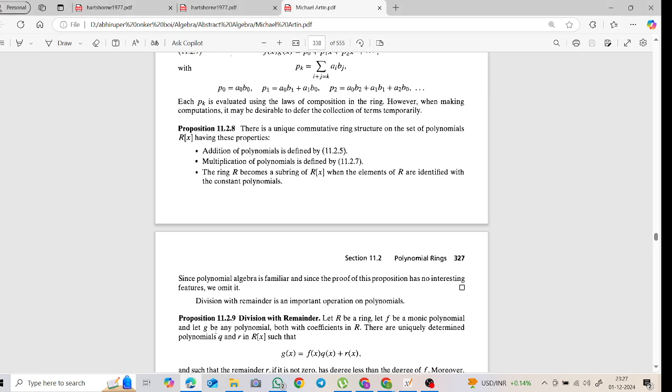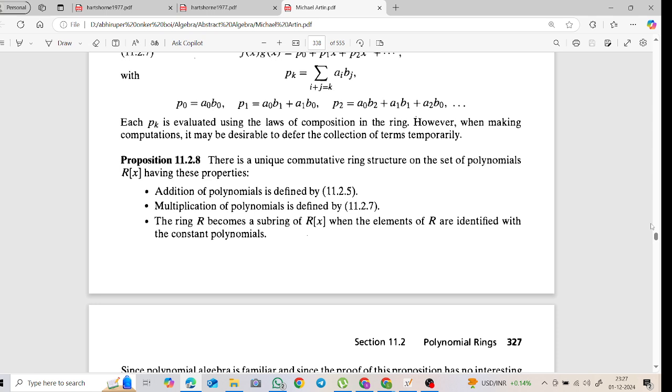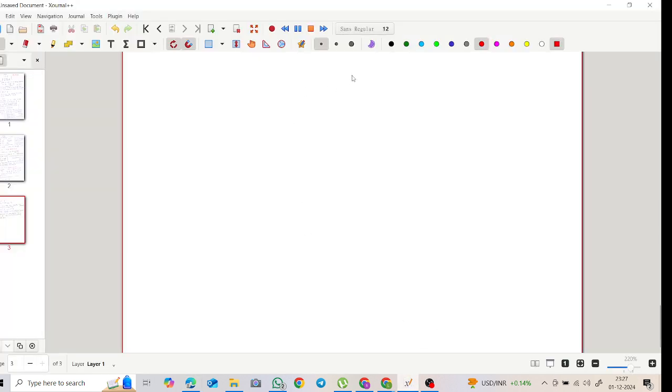But I think I will have to teach at least some part of ring theory. Do you know ideals?